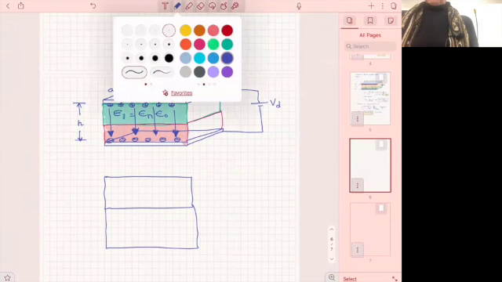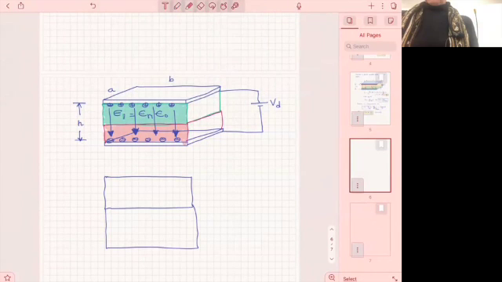The top one is the green. So let me say this is where the charges are. Positive here, negative down there.